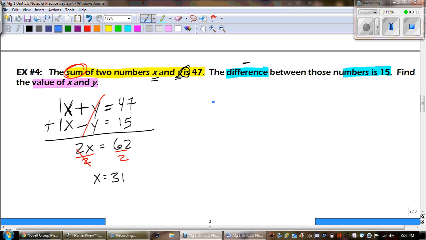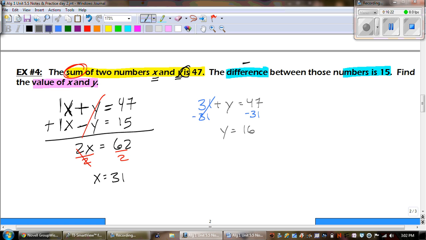Okay, and we're not done yet, so now we need to figure out what y is, and I'm going to use that first equation because I have a positive y. So to get the y by itself, I'm going to subtract by 31, and we get that y equals 16.